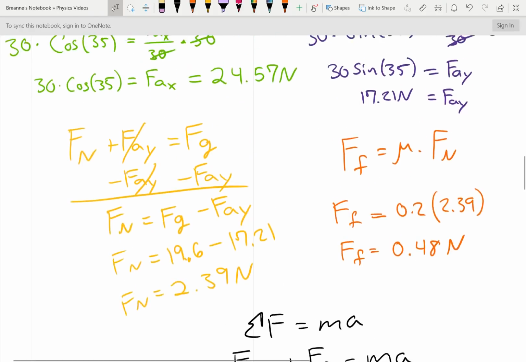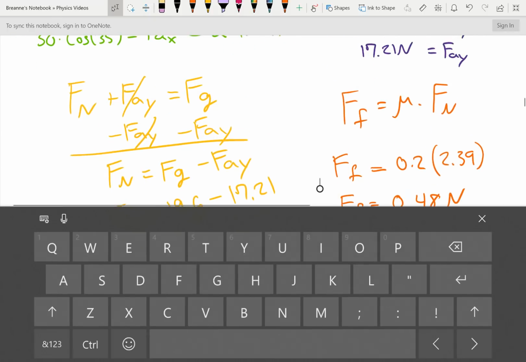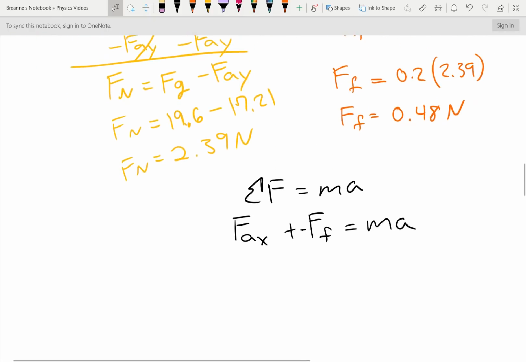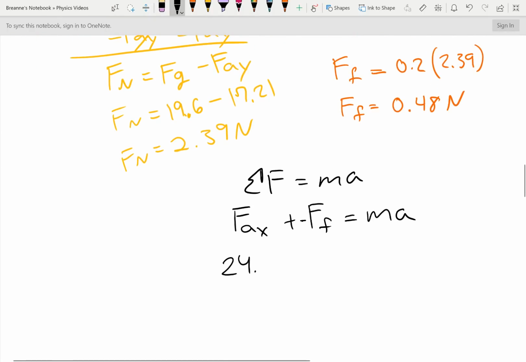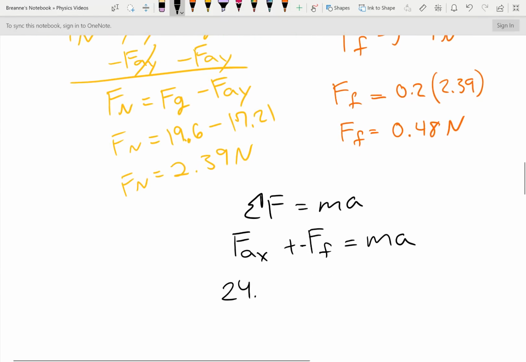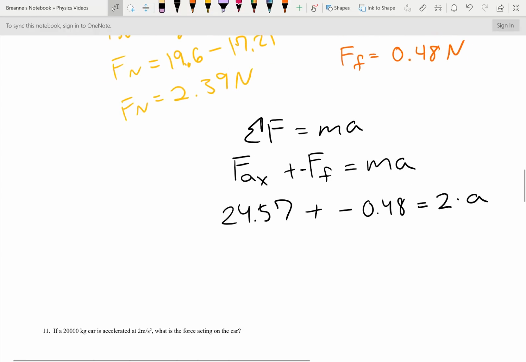Our force applied in the x was 24.57, and then that'll be subtract 0.48. Our mass was 2 times acceleration. So you go ahead and take the 24.57 minus our 0.48.